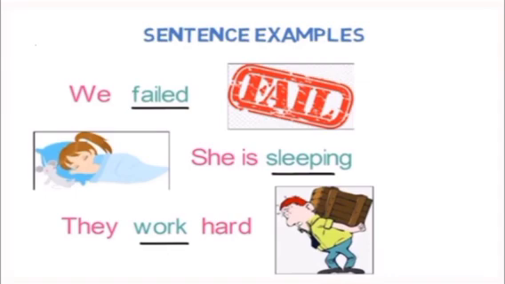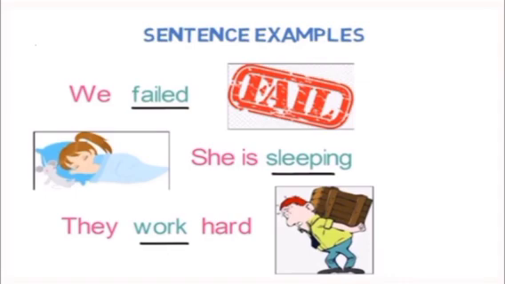Here, sleeping is an intransitive verb as there is no direct object linked with she. The next example sentence is, they work hard. Here also, work is an intransitive verb as there is no direct object after the verb work.